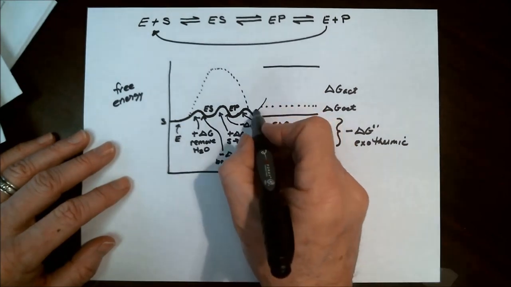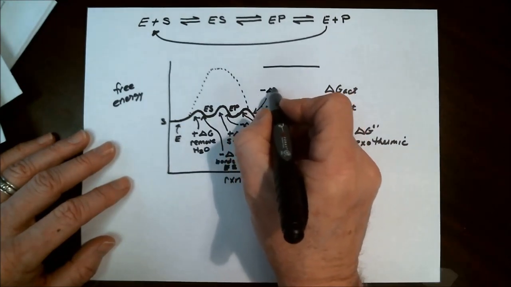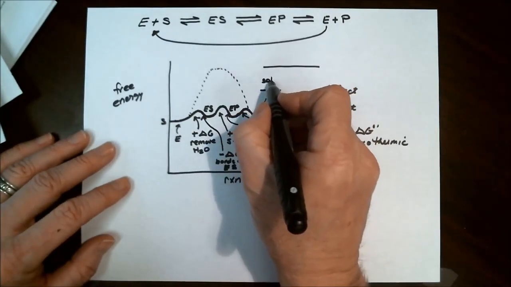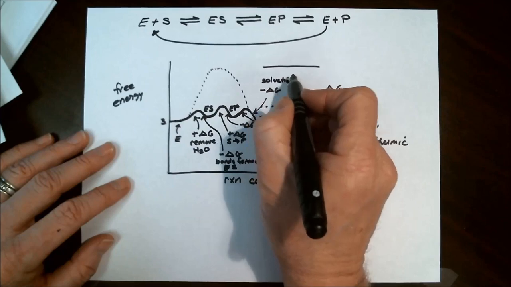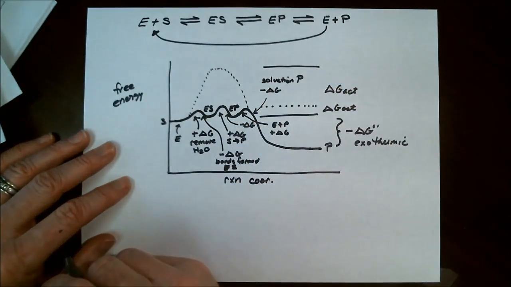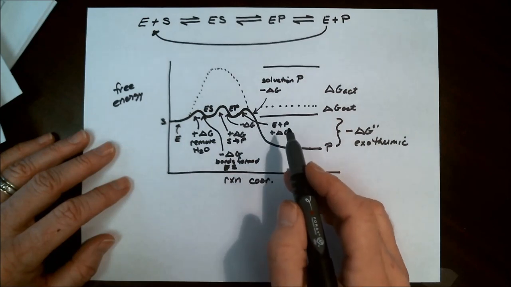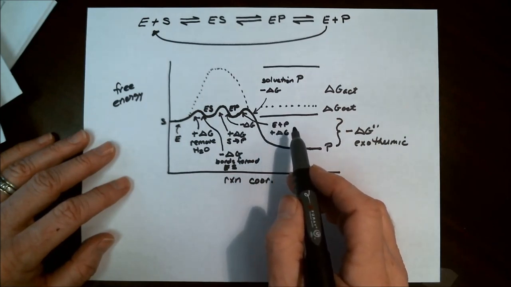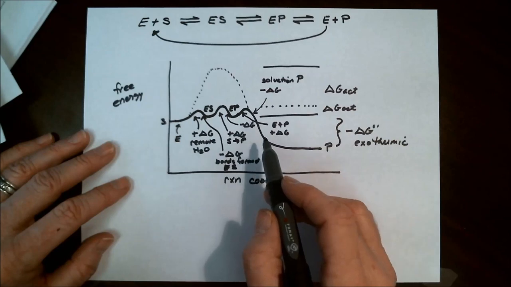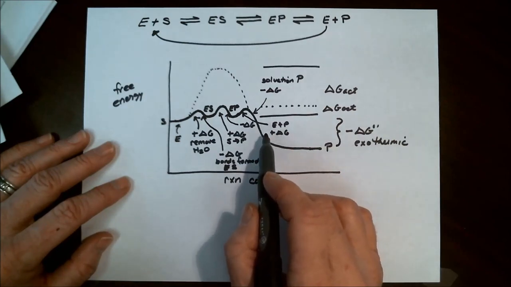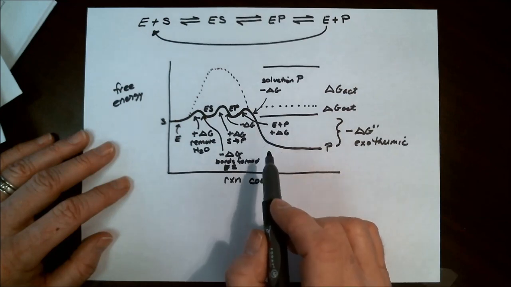Then finally, we have a negative free energy change, and this is due to solvation of the product. Once the product leaves the active site of the enzyme, it now reforms bonds with water, hydrogen bonds, and salt bonds, ionic bonds, in order to become fully solubilized in the solvent.